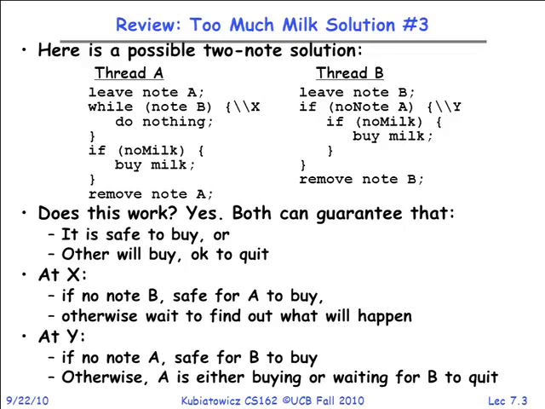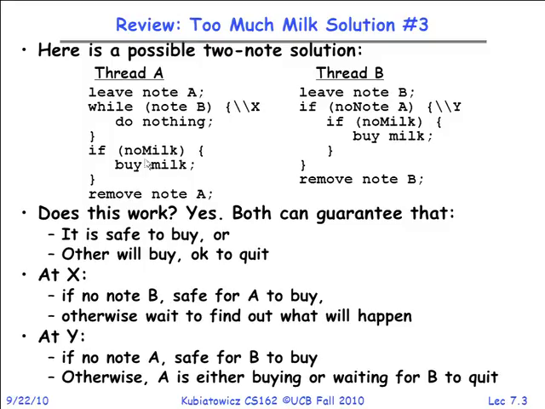And as a result, we had to go through this kind of complicated process of designing something which basically had two notes, and one of them, thread A, actually did a little extra spinning than thread B. And when we were done, we pseudo-convinced ourselves that this works, right? The important part here is this if no milk, buy milk, which is on both sides. That's the critical section we're really trying to protect, or that's the atomic operation in this case.